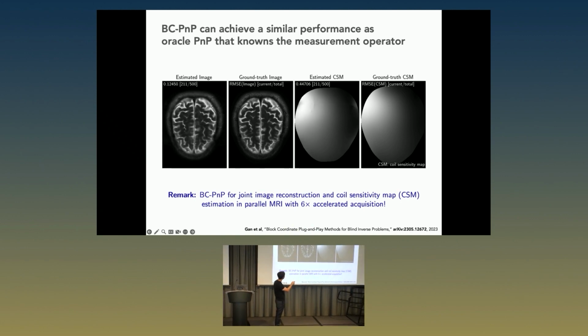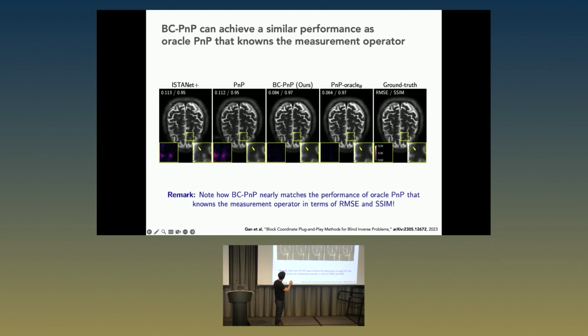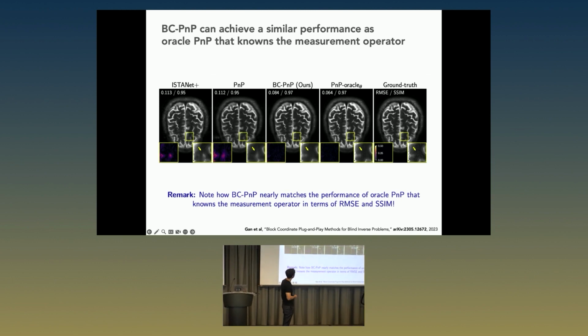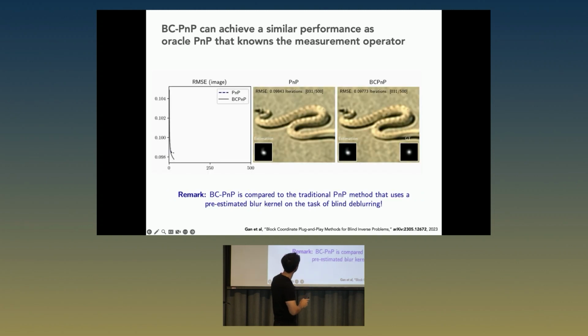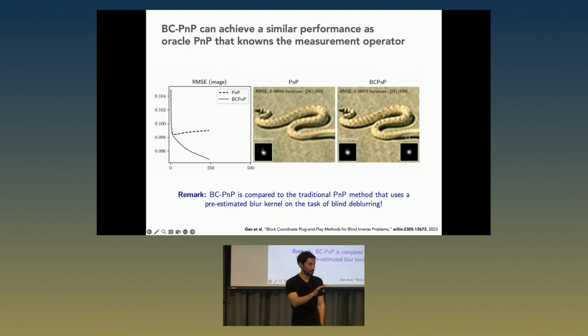As you can see, using the trained denoisers can actually impose or learn the structures both of the image and the forward model and get very close to the Oracle plug and play, where we do know the coil sensitivity maps. There are many more experiments in the paper, and you can also apply it for blind blurring. This is for blind blurring, where plug and play here refers to when we have a fixed blur kernel.